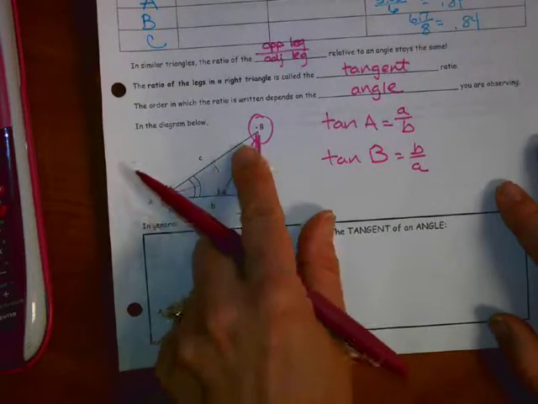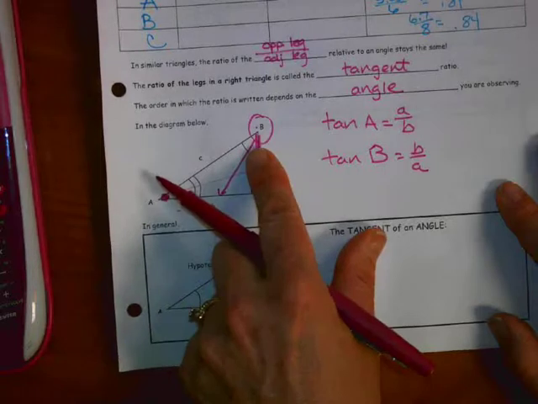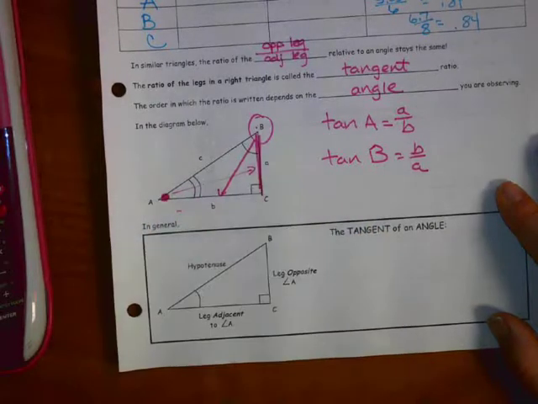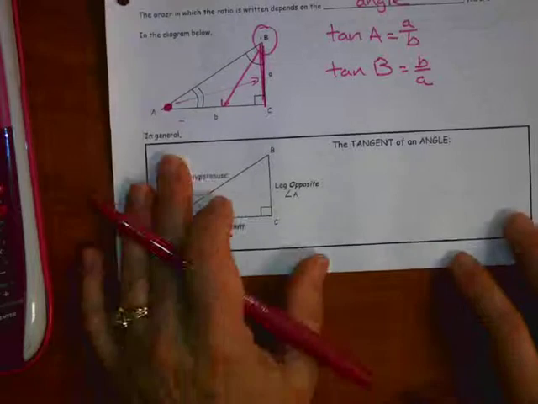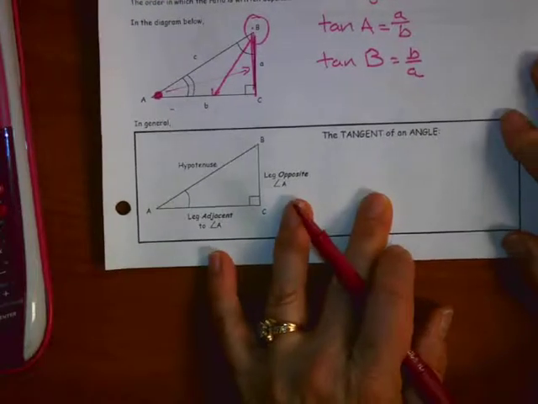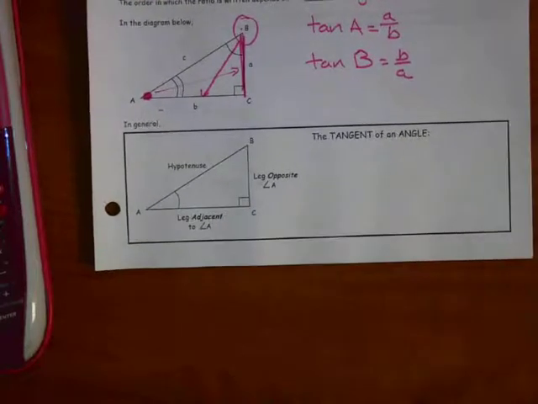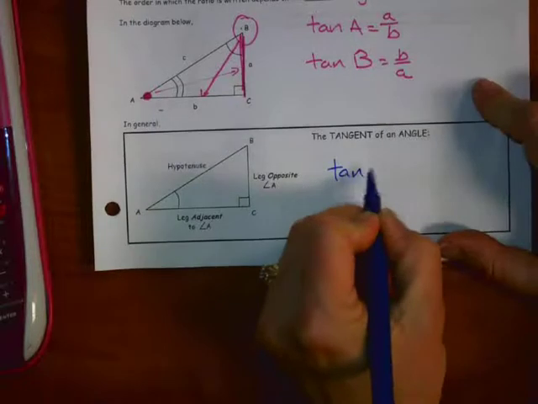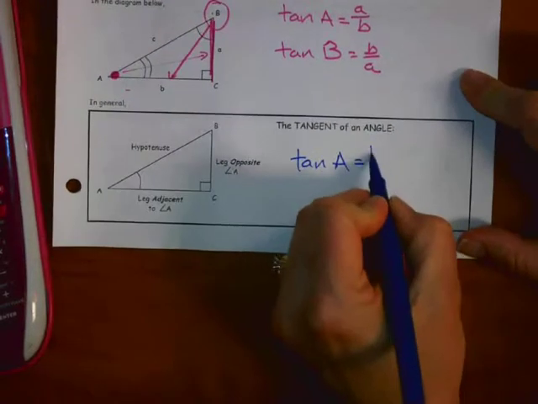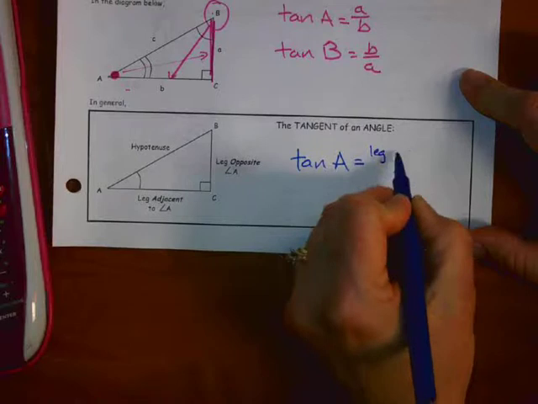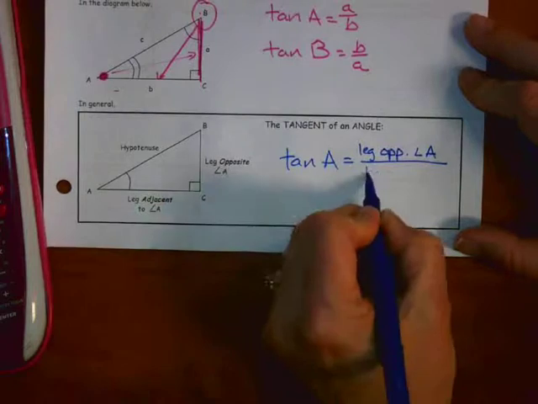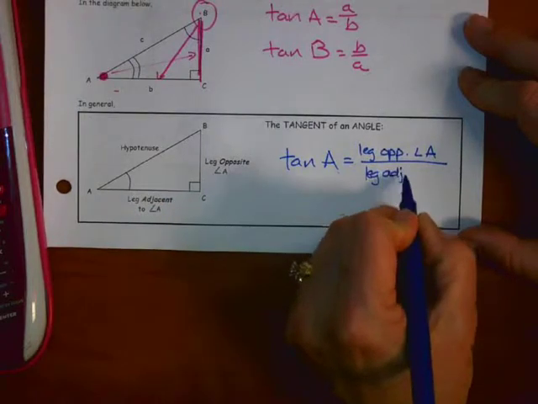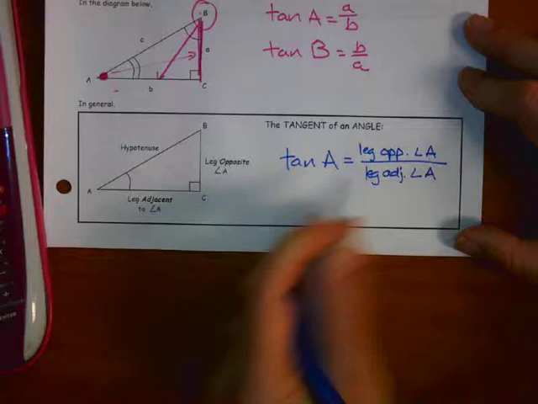It's a what? Hypotenuse. So it doesn't count. We can't do it from the right angle because we're only working with the legs here. Right? Make sense? All right, in general, the tangent of an angle. I'm going to write the tangent of A is equal to the leg opposite angle A over the leg adjacent, which means next to, angle A.